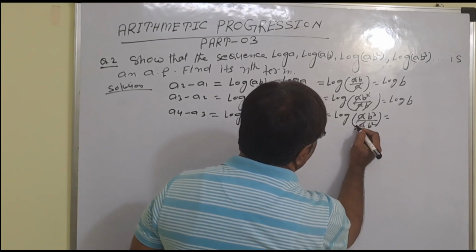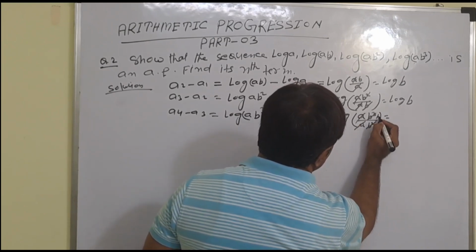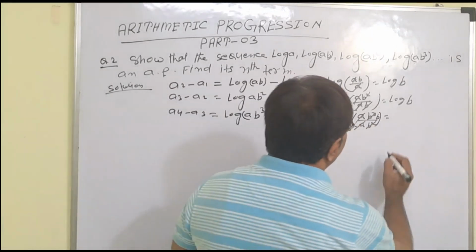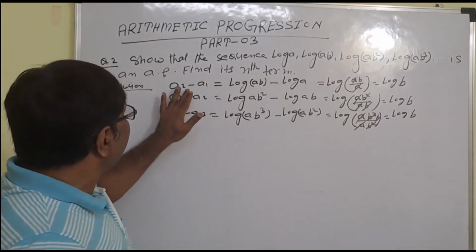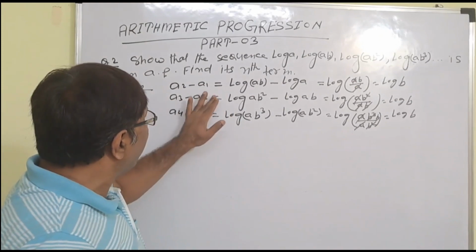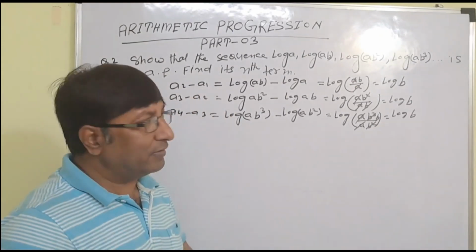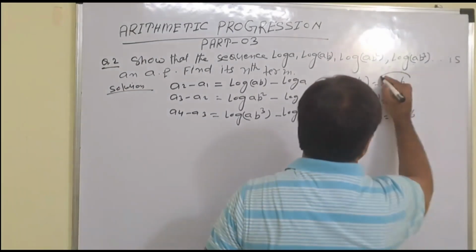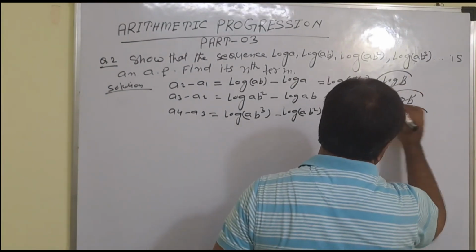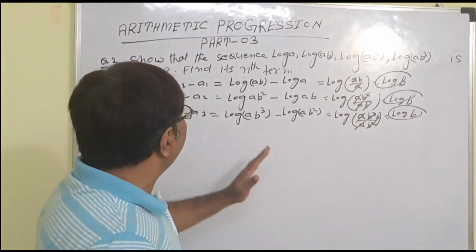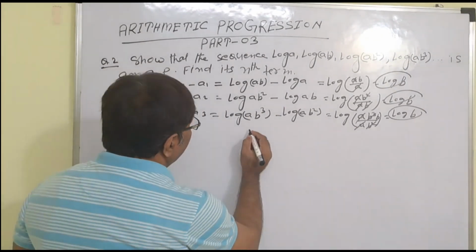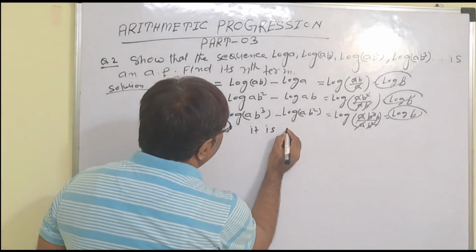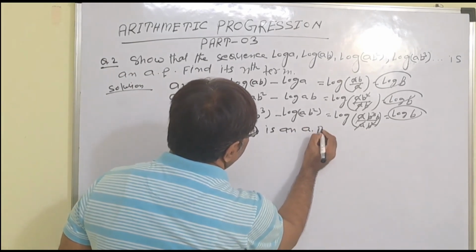This a cancels and b square cancels, you get only b, so this is log b. So second minus first, third minus second, and fourth minus third are all the same: log b, log b, log b. So the common difference is the same, so the sequence is in AP. Correct? Right?